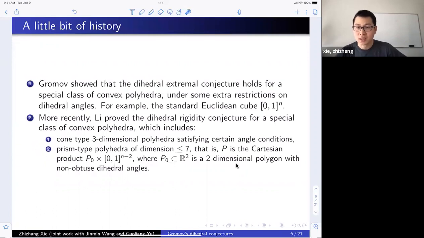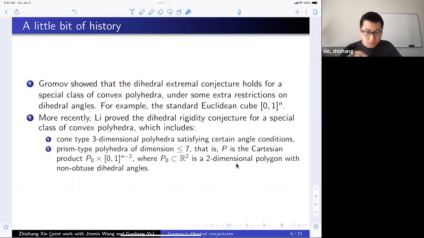And then in that setting, one can apply the index theorem on a closed manifold or on a complete manifold too. So basically, in this case, you reduce to the case of the torus in some sense. But of course, this approach does require some nice symmetries of the polyhedron to start with.